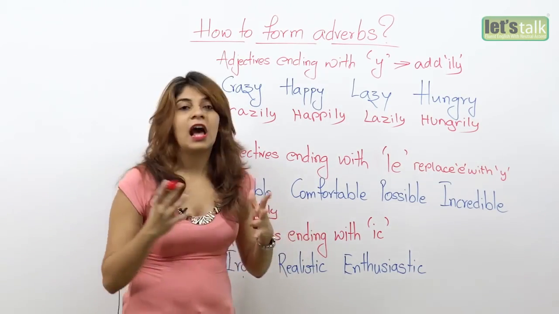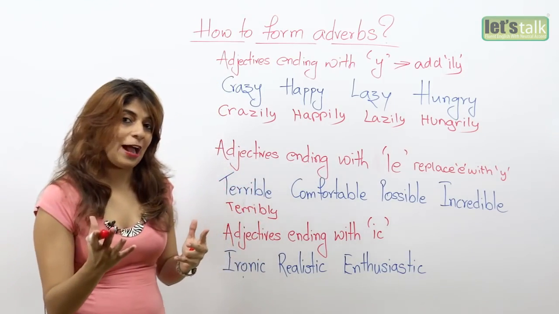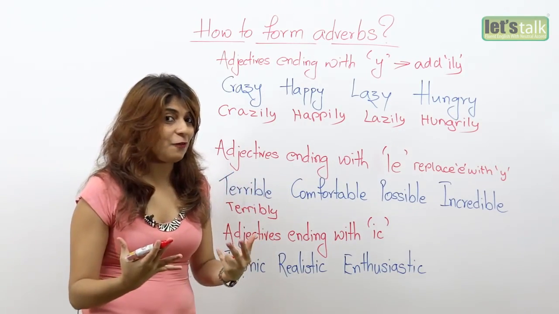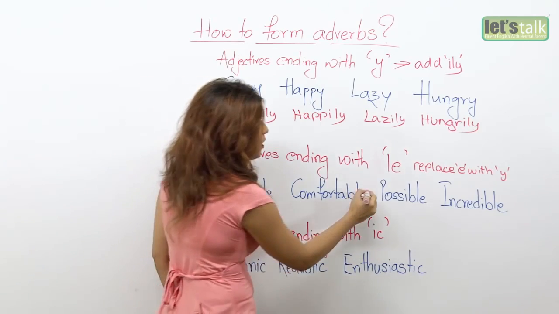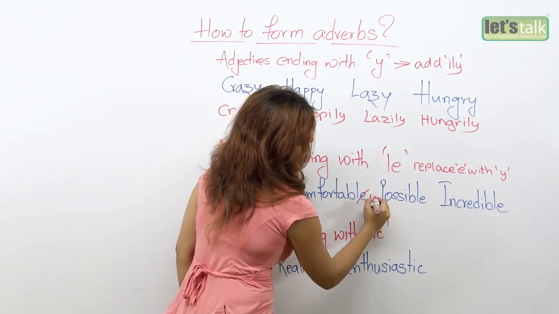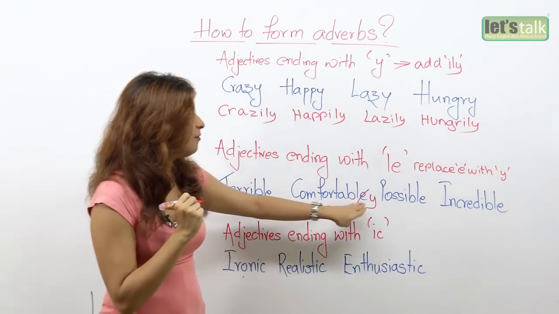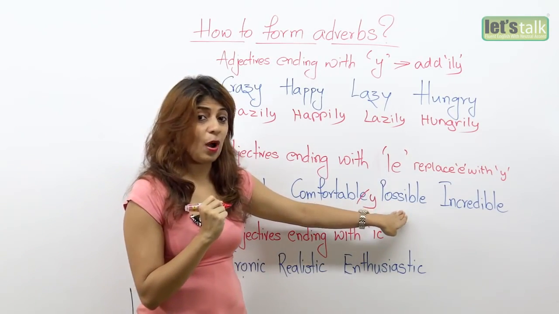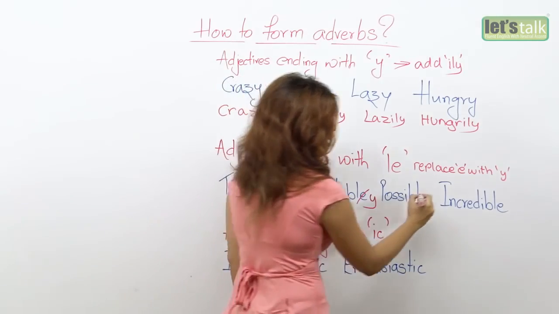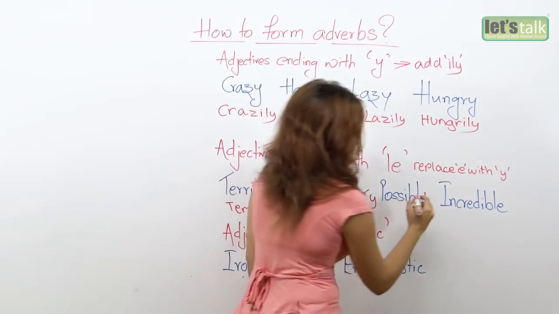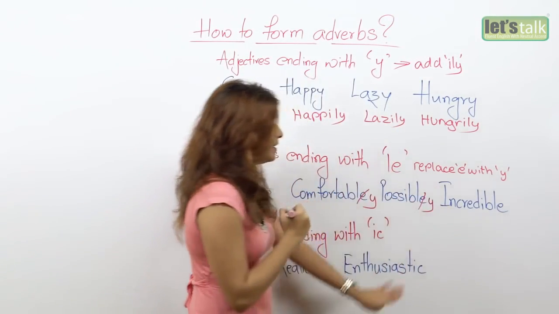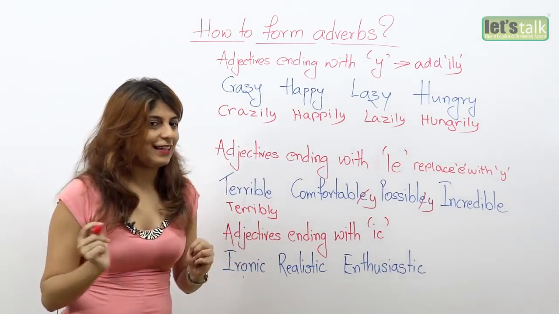Another one, comfortable. Well, that's your adjective. How do you form the adverb? Again, get rid of the E and place a letter Y. So it's comfortably. Another one, possible. Replace the E with the letter Y. So it's going to be possibly.